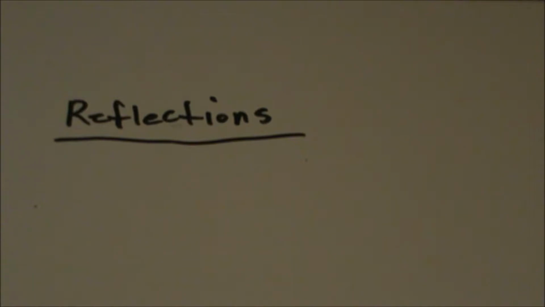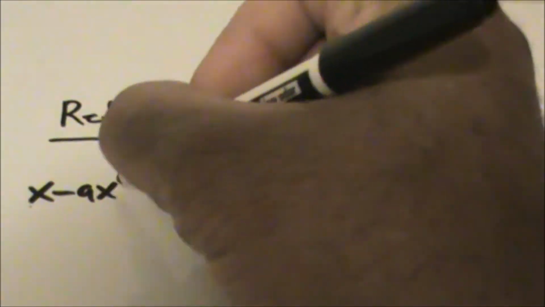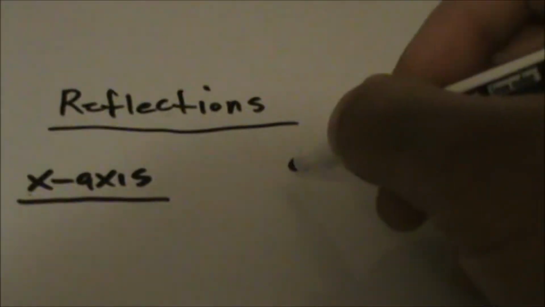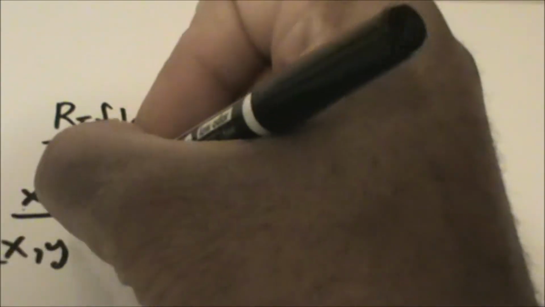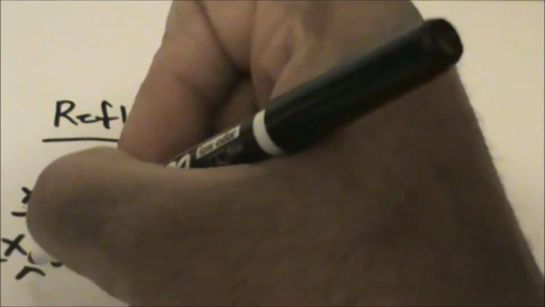And I'm going to identify those 4 areas, and then I will give you the notations for the pre-image to the image. First, we're going to look at the x-axis. The x-axis pre-image, the notation involves x and y. This is the pre-image.